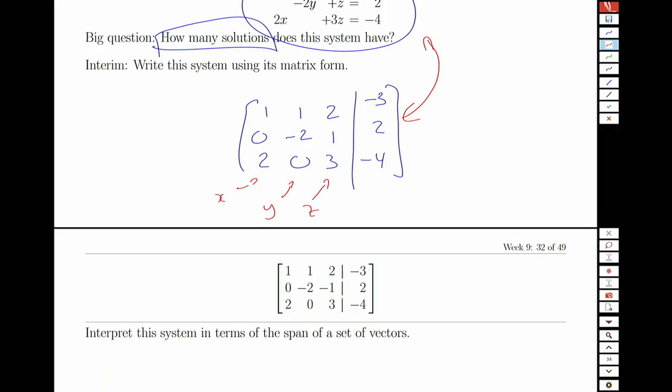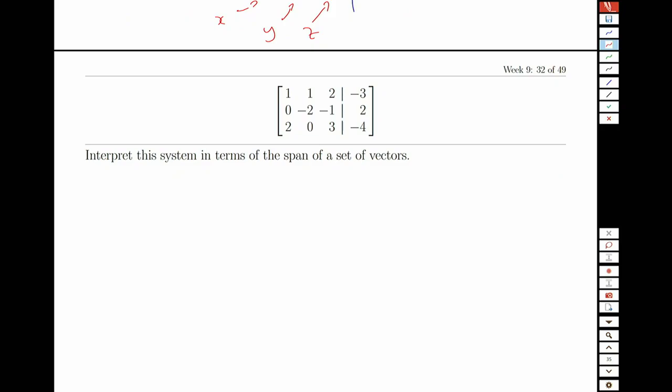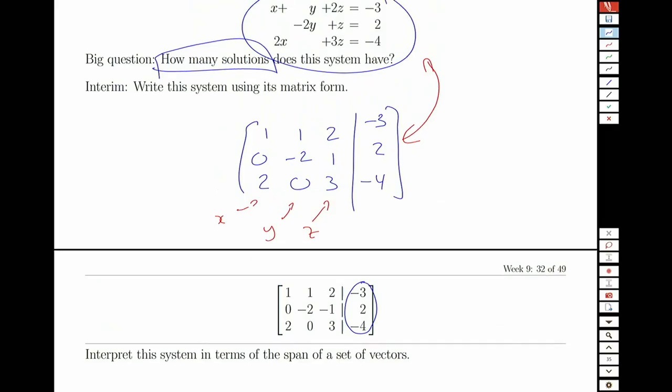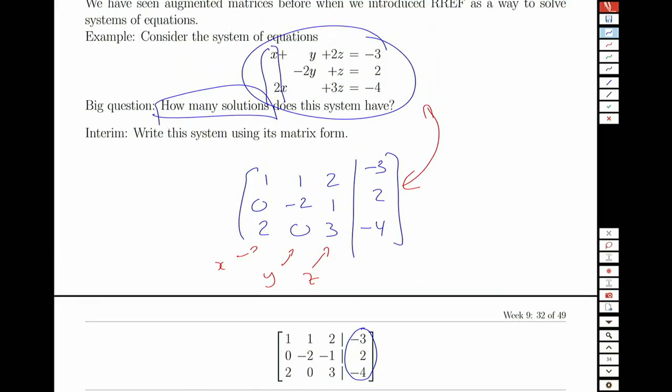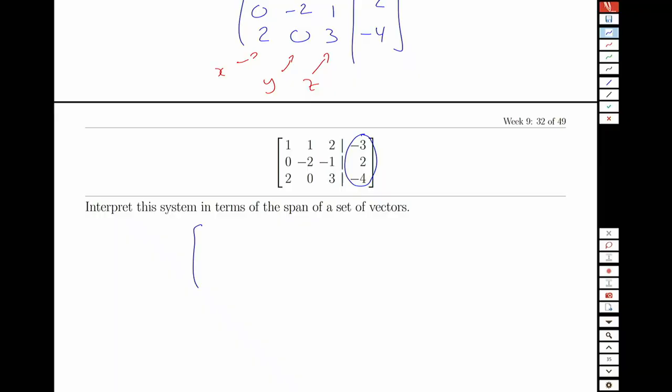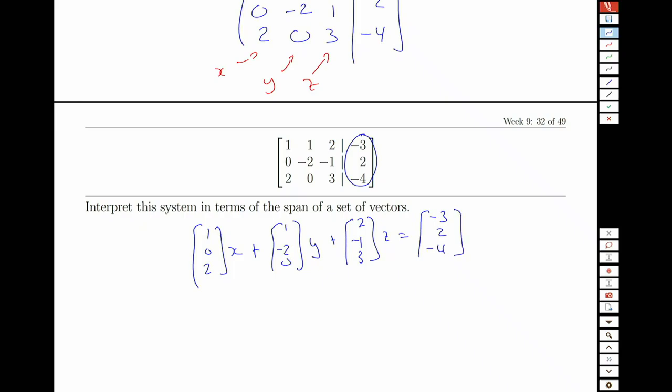Then we had the other lens, just thinking of vectors and linear independence back in that section of the course, where we had this right-hand side, and if we think about column vectors here, if I think of the multipliers for x here, we had 1, 0, 2, all times x. Then we can talk about 1, 0, 2, x, plus 1, negative 2, 0, y, plus 2, negative 1, 3, z equals negative 3, 2, negative 4.